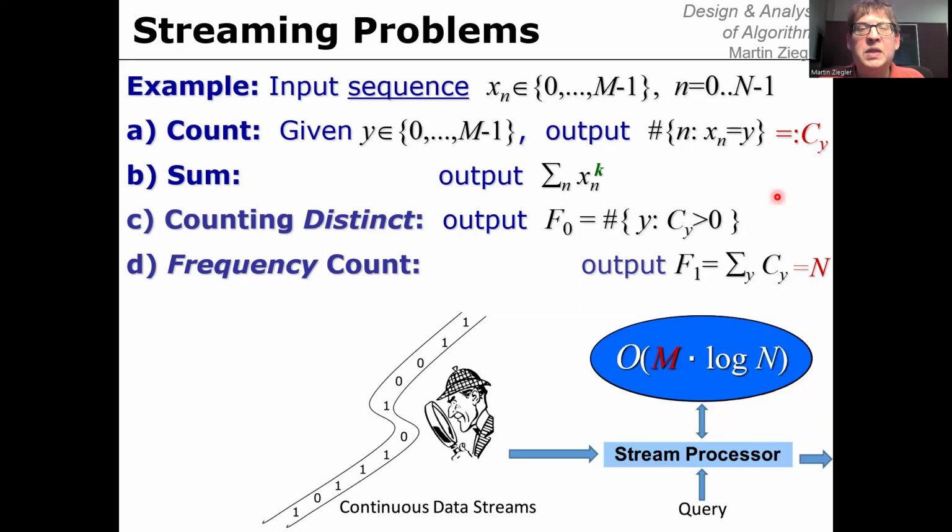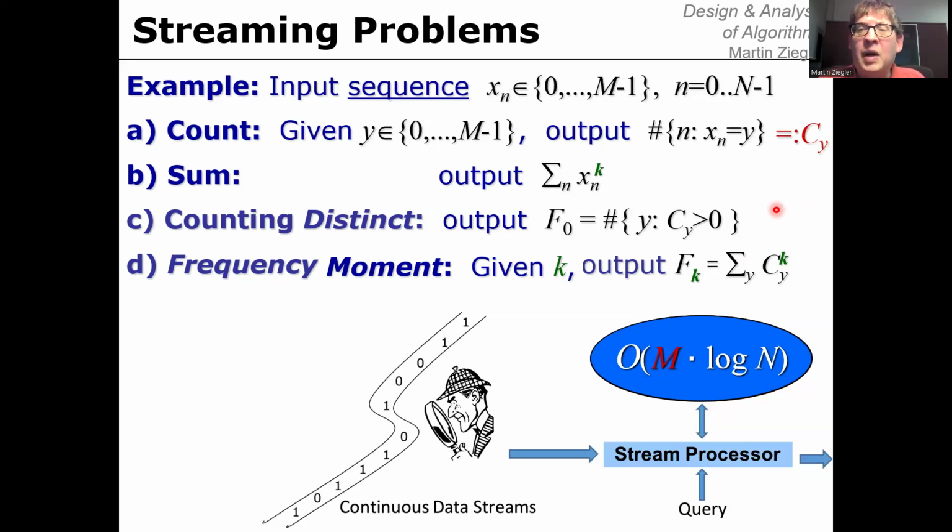Things become more interesting when considering the second frequency moment, or more generally the kth frequency moment, where we're asked to sum all these capital Cs raised to the kth power. These also turn out to admit very memory efficient algorithms, but they're very sophisticated.